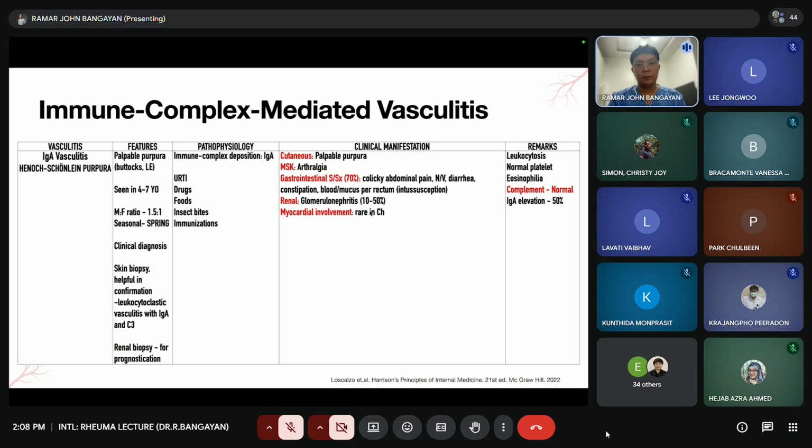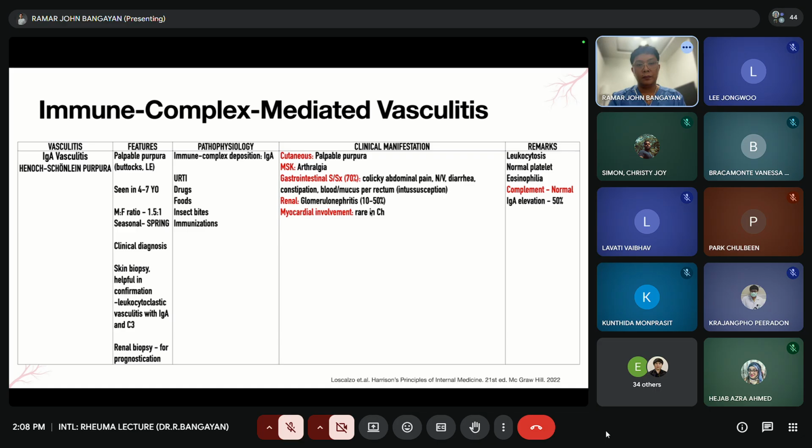for IgA vasculitis is arthralgia or arthritis, abdominal pain, and lower extremity palpable purpura, those three, if you add decreasing sensorium and decreasing renal function, you call that the IgA nephropathy pentad.